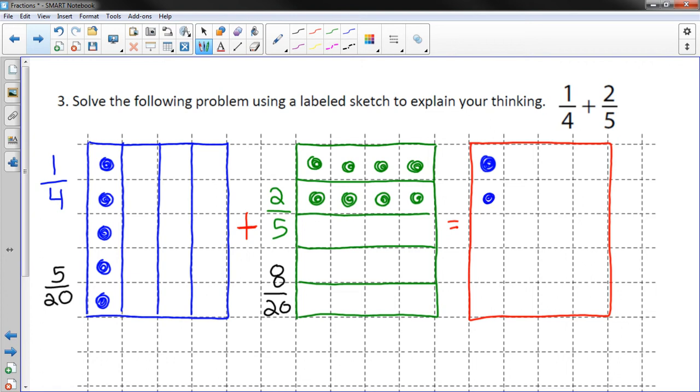So I got the one from the first one. And then I got to put 8 more from the second one, the 2/5, in here. So there's 3, 4, 5, 6, 7, 8.